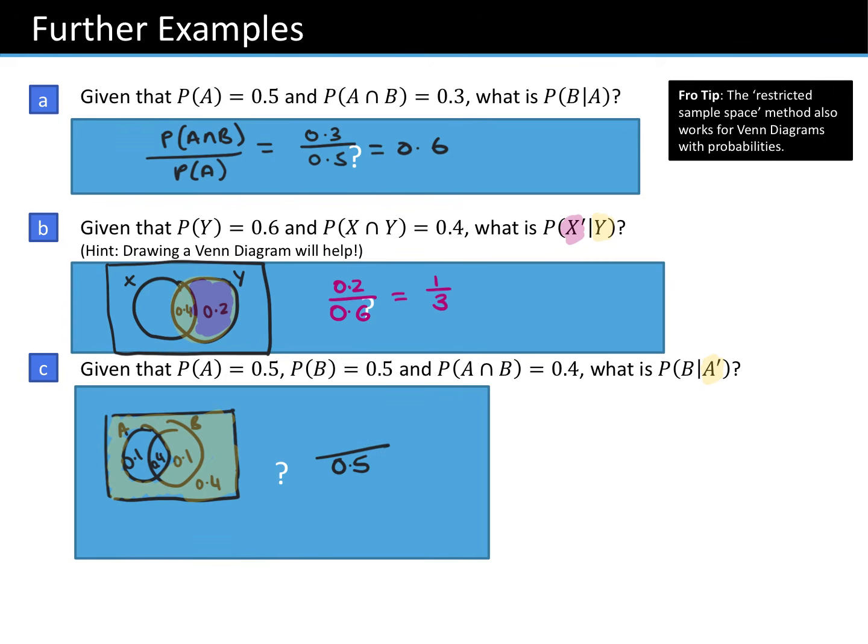We know that's my denominator, over the probability of B. Now this is B given that, so I can only choose B given what I've already highlighted. Everything else is rubbish. Where is B from what I've highlighted? It is only in this section here. So this is 0.1 over 0.5, which is 0.2.